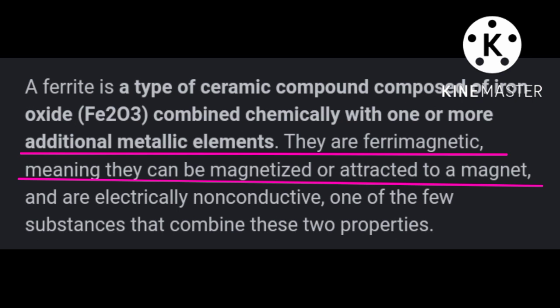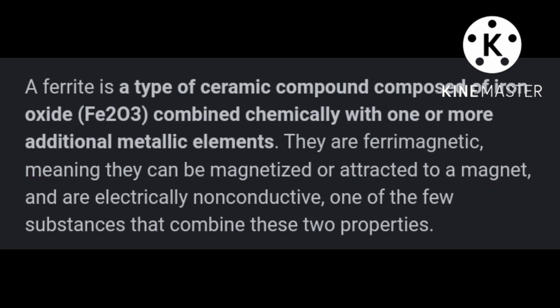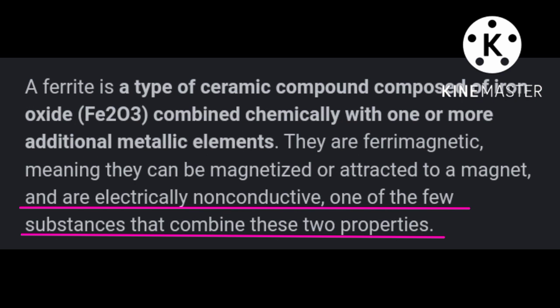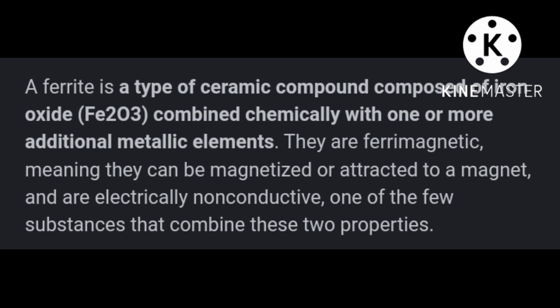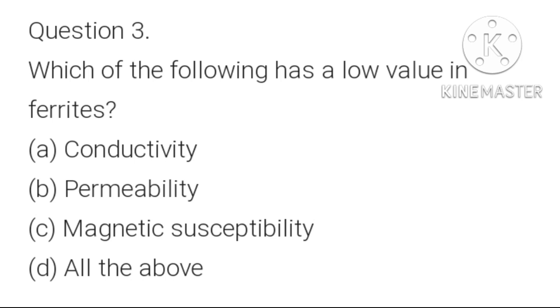They are ferrimagnetic, meaning they can be magnetized or attracted to a magnet, and are electrically non-conductive, one of the few substances that combine these two properties. So ferrite is electrically non-conductive, which means it has a low value of conductivity. So in this question, A is the correct option. The ferrite has a low value of conductivity.